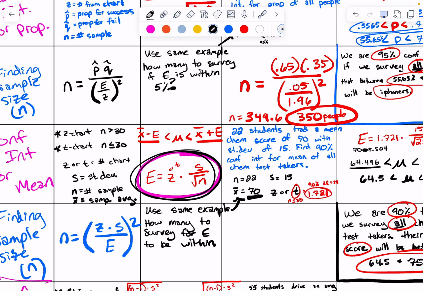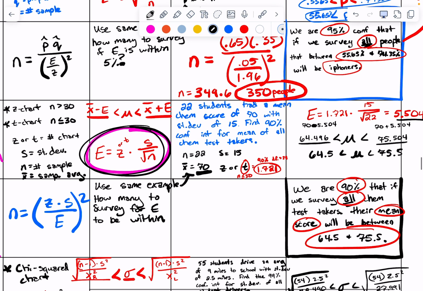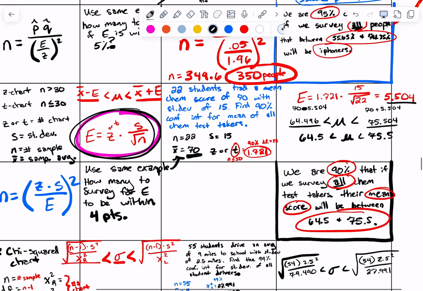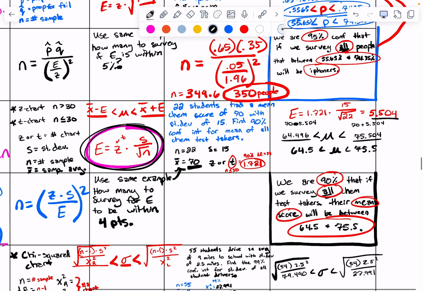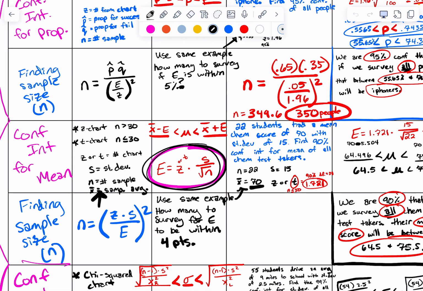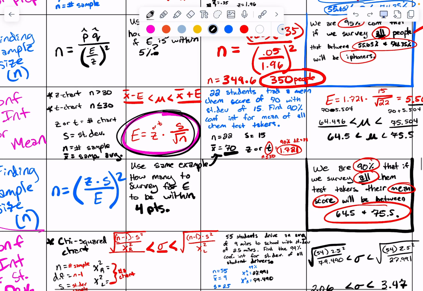We're not talking about proportion. So I want my error to be within 4 points. My error above. I'll let you write that down, and then we'll talk. We're just using the same stuff up there, so I'm not going to rewrite it. It's just the same stuff as what was right here. So if you want to draw an arrow, you can.